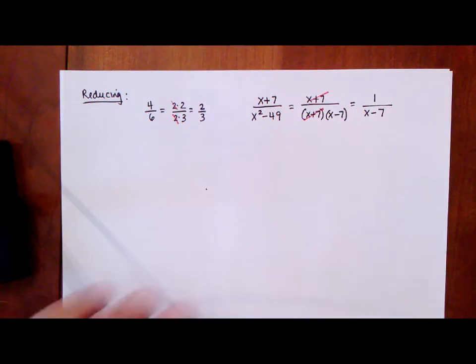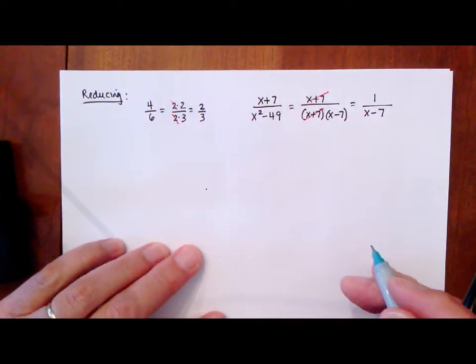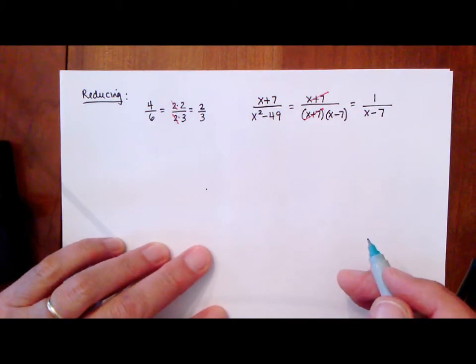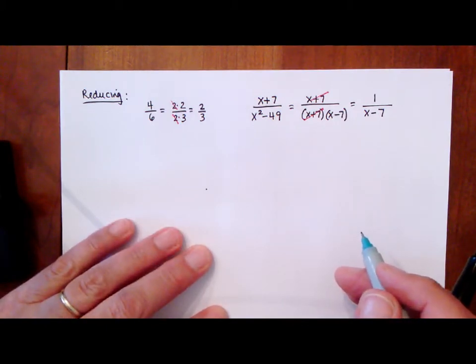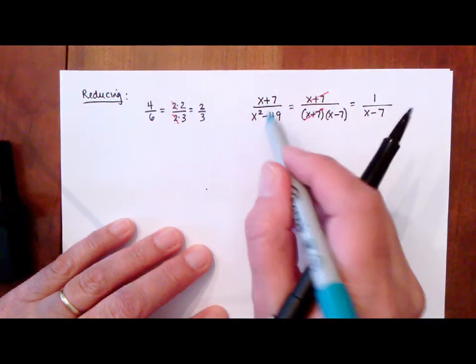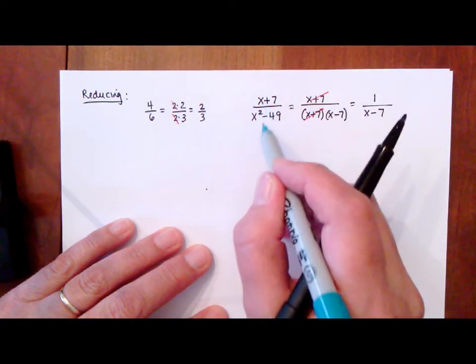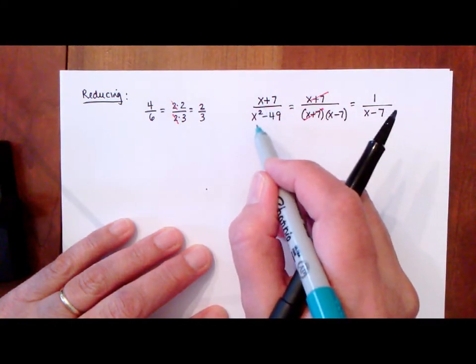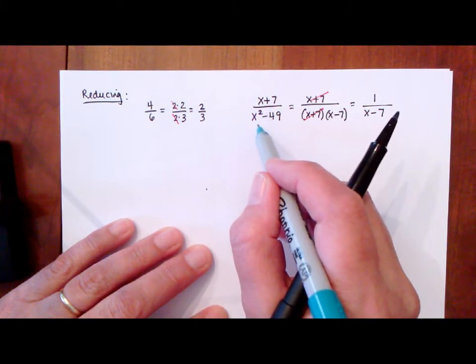One thing to be cautious of: make sure that you always factor before you attempt to reduce, and that you are really dividing. Sometimes it's tempting to see something that looks the same on the top and bottom of a fraction and think that we can just cross out things that look similar.